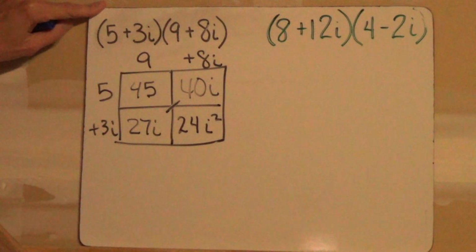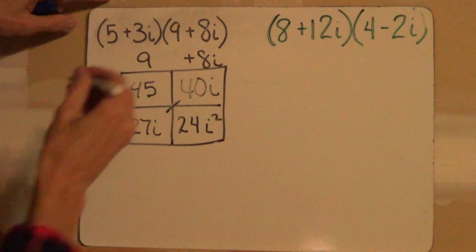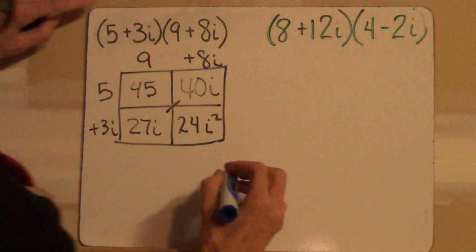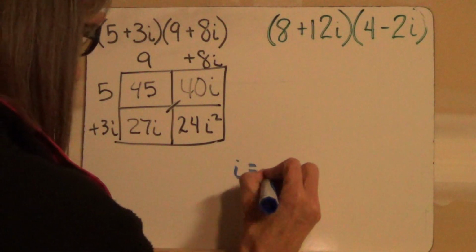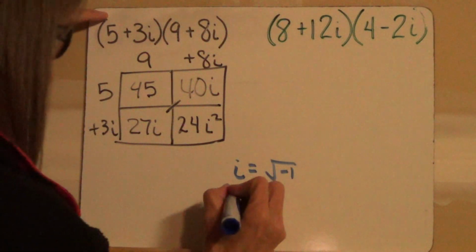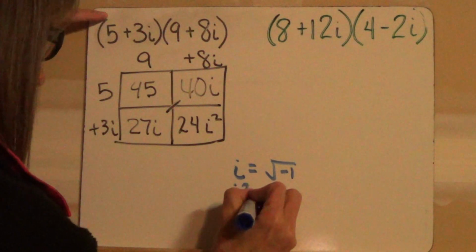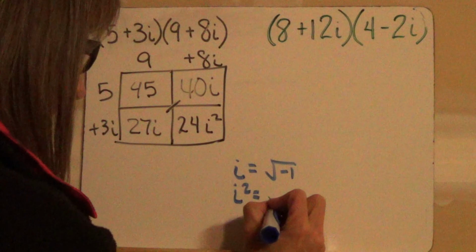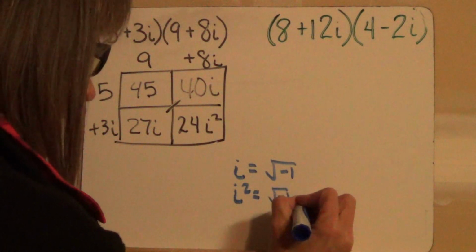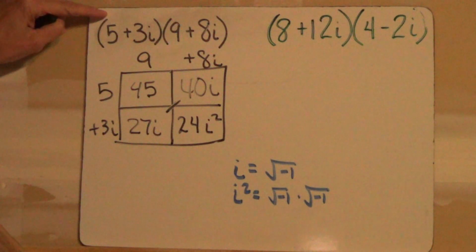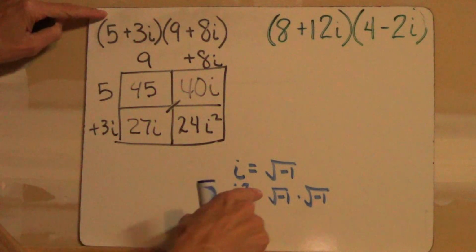squared. Now, a minute ago, I introduced you to i being radical negative 1. Well, what's i squared? If i is radical negative 1, does it make sense i squared would be radical negative 1 times radical negative 1? And have I shared with you guys the story of the prisoners and how we always get prisoners out?